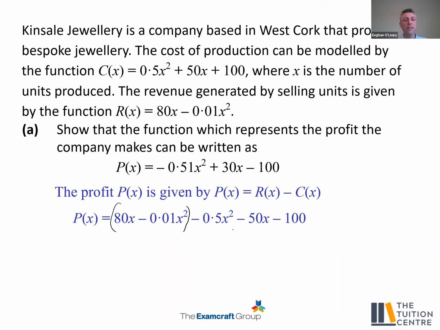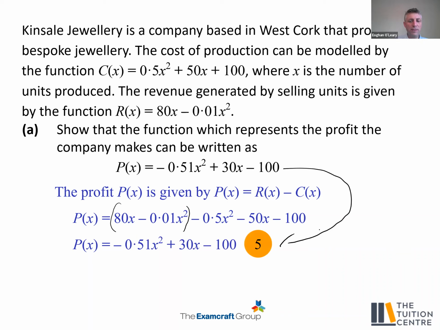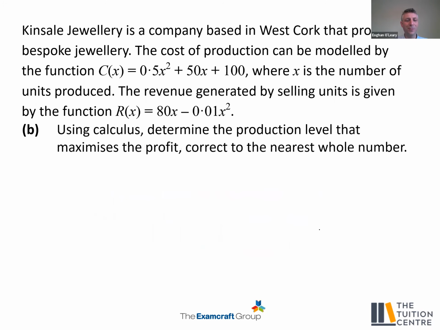So it's minus 0.5x squared minus 50x minus 100. Putting that together, you get your profit function, minus 0.51x squared plus 30x minus 100. And there's 5 marks for that. So remember, of course, you were given your answer in the question, so it should be relatively straightforward to get there once you think about it.